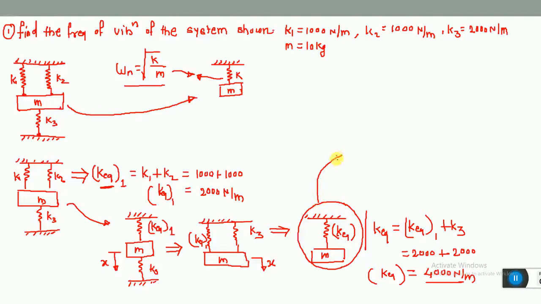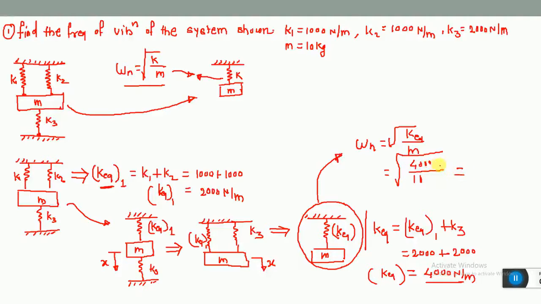And now we can use the direct formula for this system. Omega n is equal to square root K by m. So this K means K equivalent. So we can put the value 4000. And the mass of the system is 10 kg.